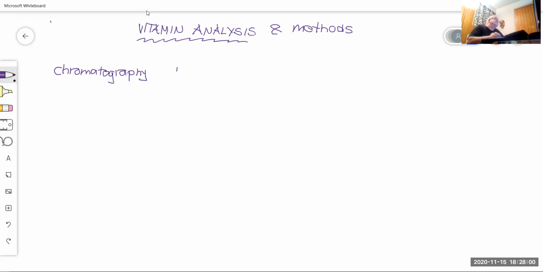What about this microbiological assay? And the third one might be these, let's say, chemical. And those, you can include there also this, let's say, spectroscopy.